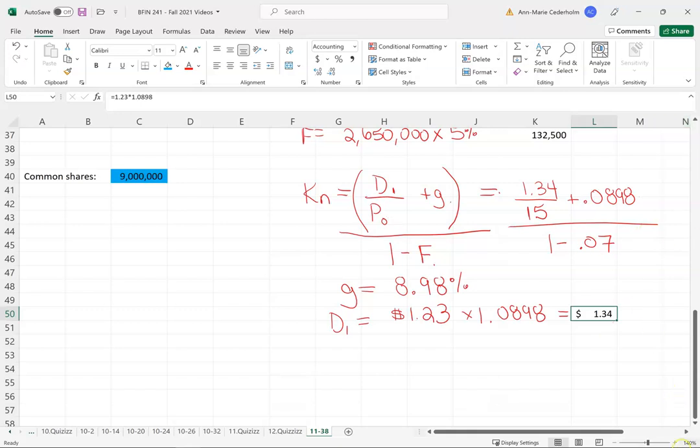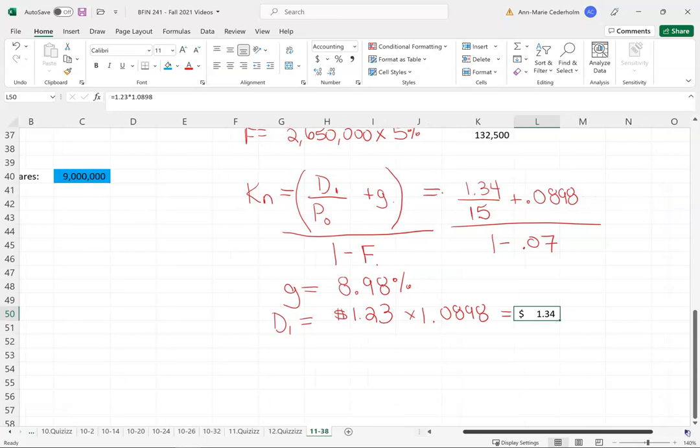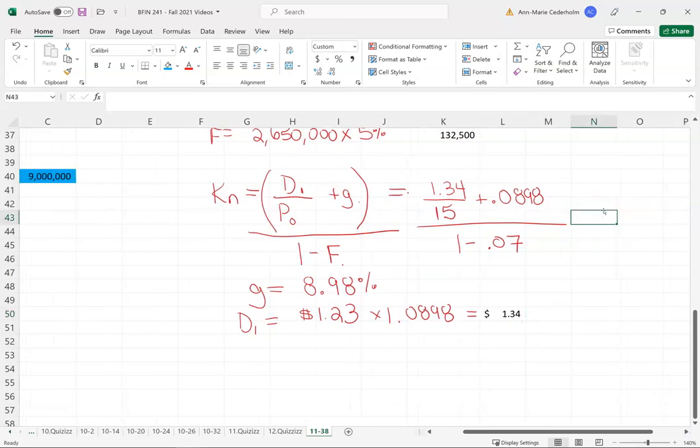So I'll just move over here and try to do the math on this. If I take the 1.34, divide that by 15, and then add my growth rate, which is 0.0898, I get this number on the top, and I'll just do it to 4 decimal places.